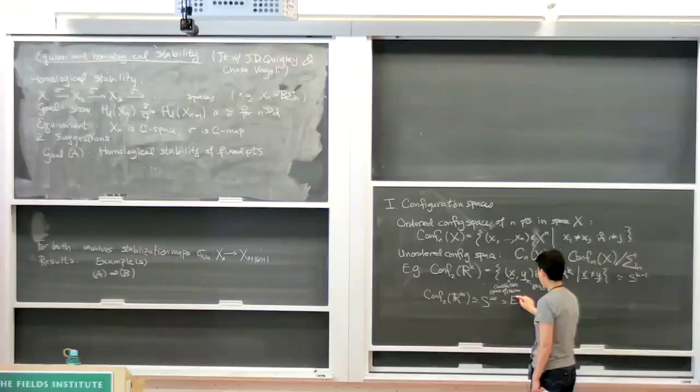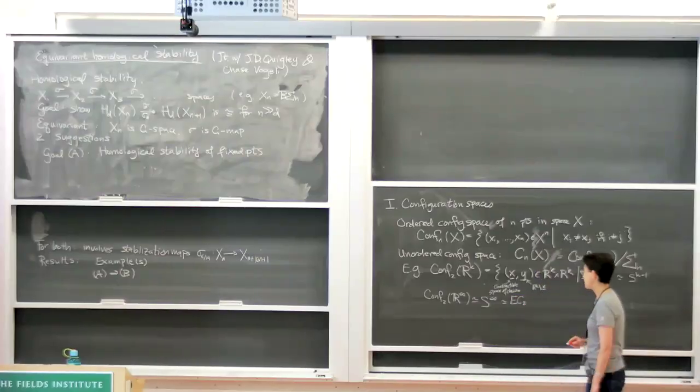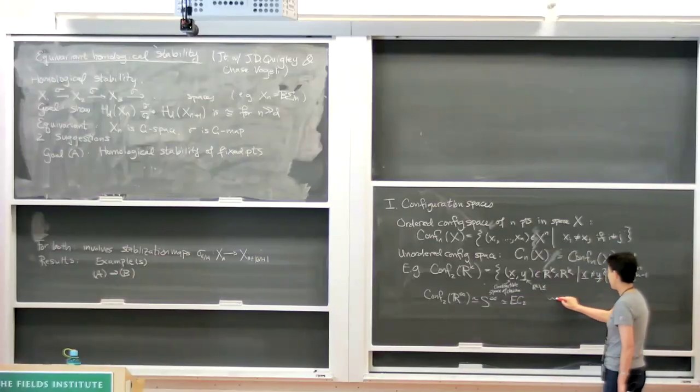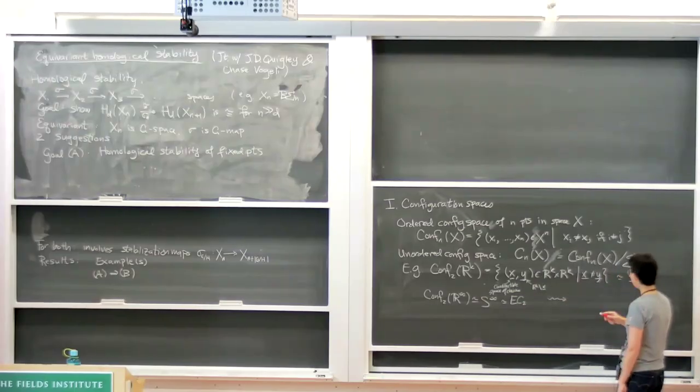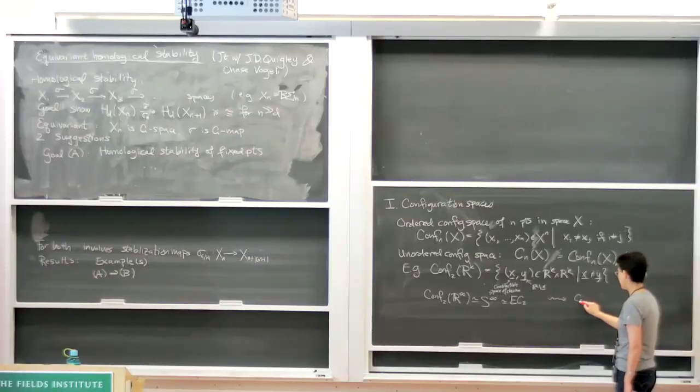So this is a model for EC_2. And then we have a nice name for what happens when you take the quotient by sigma_2, aka C_2. So C_2 of R^infinity is BC_2.